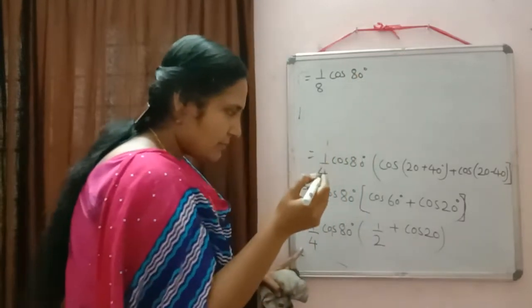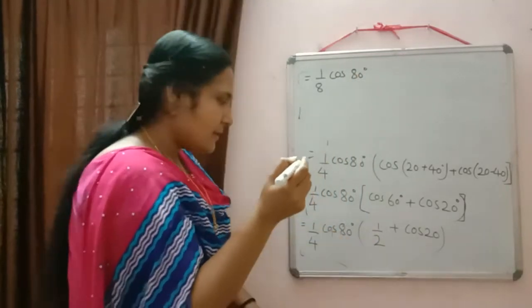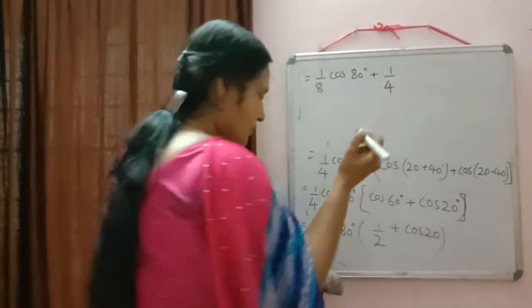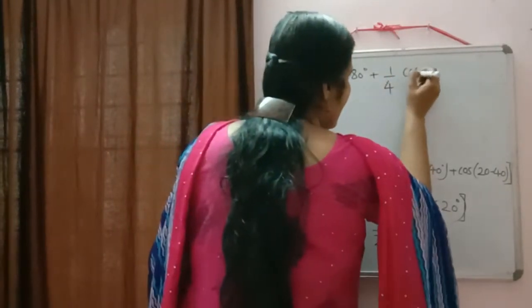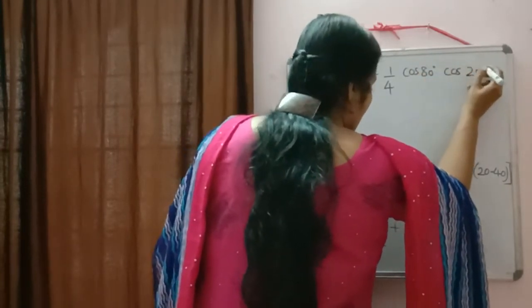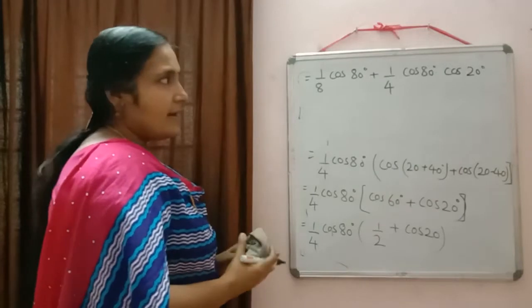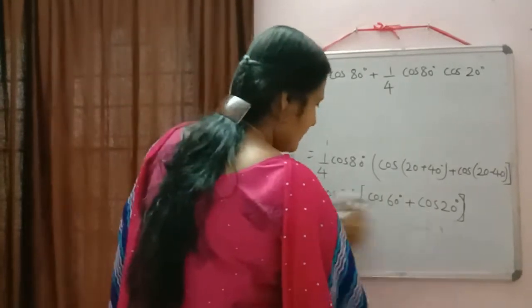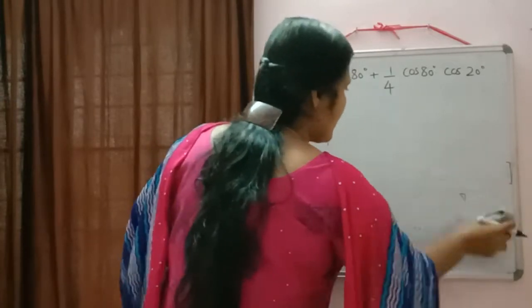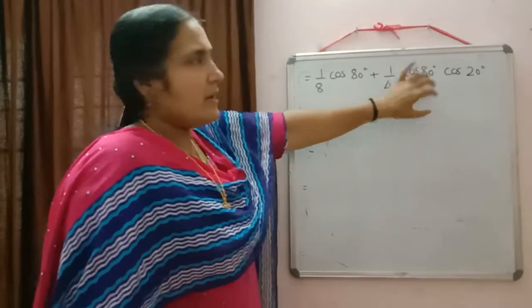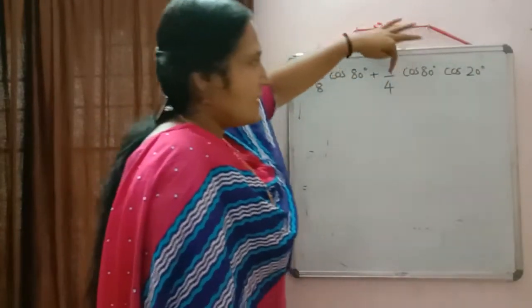Then 1 by 4 is multiplied by the second term also, so it will be 1 by 4 into cos 80 degree into cos 20 degree. Clear how we have multiplied? Okay. Now the first term has no product, but in the second one we again get a product here.